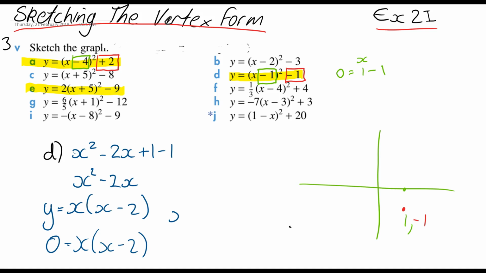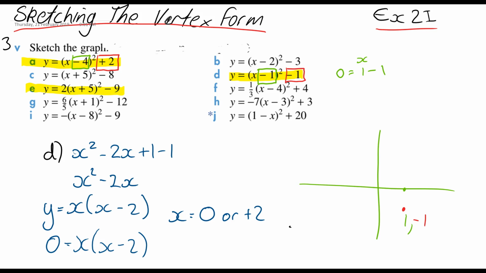So x equals 0, because 0 times something is 0, or x equals 2, because when x is 2, this bracket is 0. I know the minus 2 can be confusing, but when x is 2, that bracket's 0.